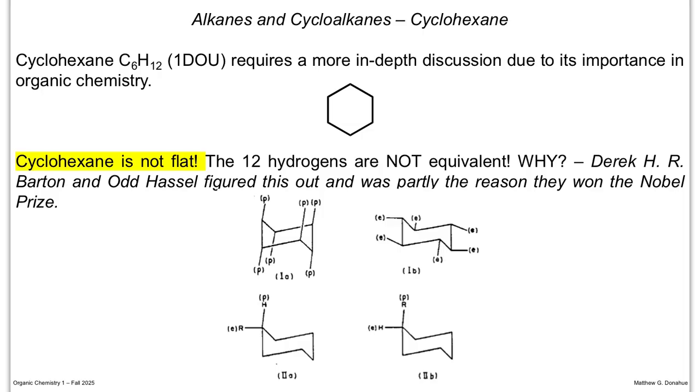So there's cyclohexane. It's C6H12. There's 1 degree of unsaturation, that's the ring.